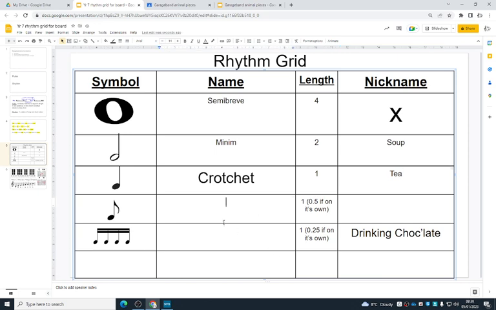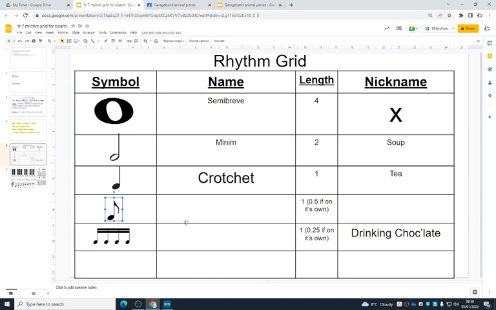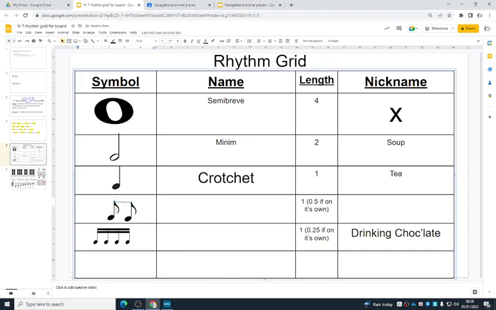Next one down, I've got a note that looks like this, and on its own like this, this is worth a half. But what I'm looking for when we do it in year 7 is to have two of them next to each other, and then we put a line between them. And it joins them up, and I would get rid of these tails. So it would be a circle, a stick, a line, and down.